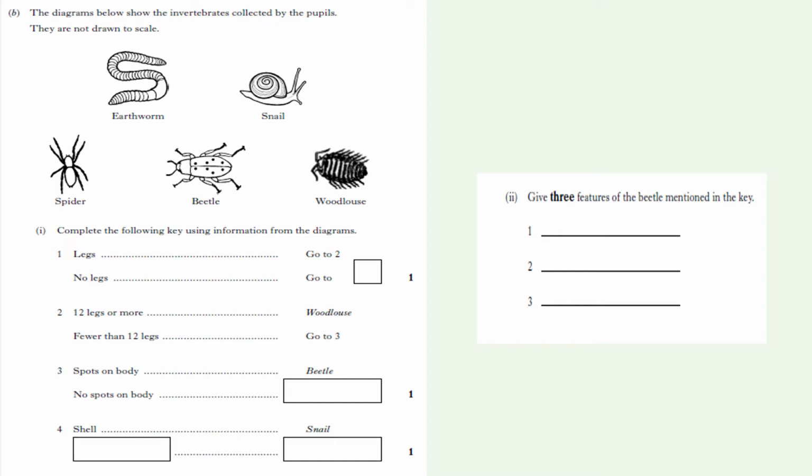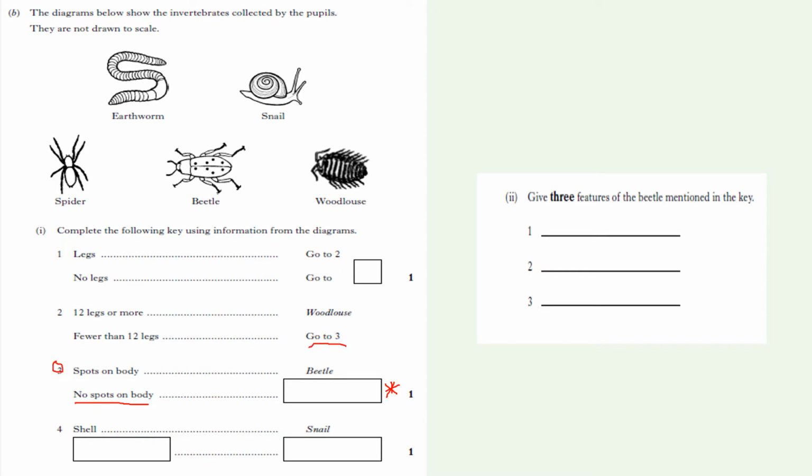You should now know all about biotic factors and you should be able to pause the video and answer the starter question on keys before I go over the answer. So the answer is that if we look for the organism, first of all, so this part of the question here, we need to find an organism that has no spots on its body, and then we have to go to statement 3.